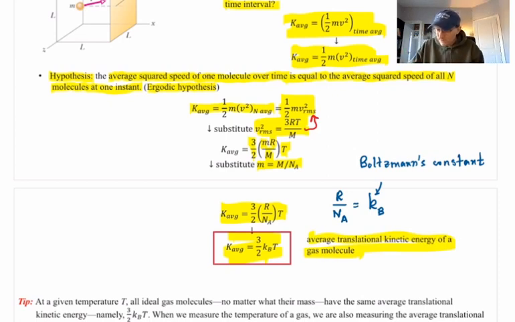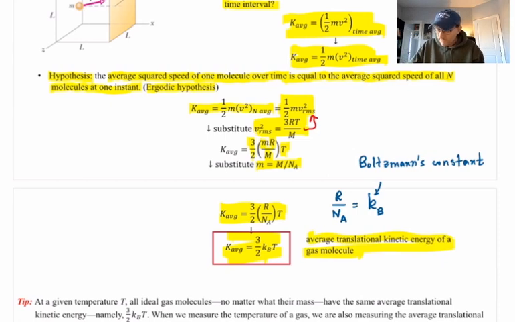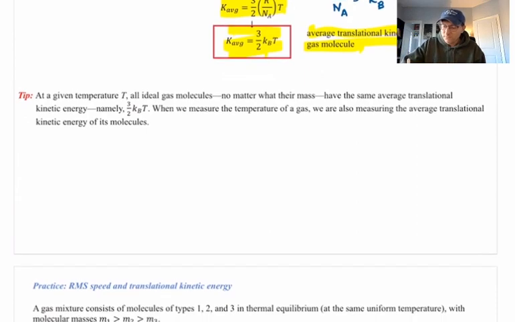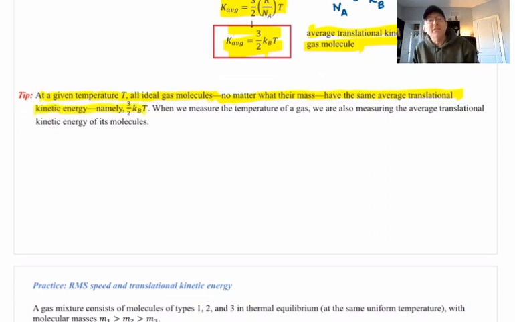So what are some of the upshots here of that new result? Well, here's one of the takeaways. At a given temperature, T, all ideal gas molecules, no matter what their mass, have the same average translational kinetic energy, namely 3/2 times Boltzmann's constant times the temperature.